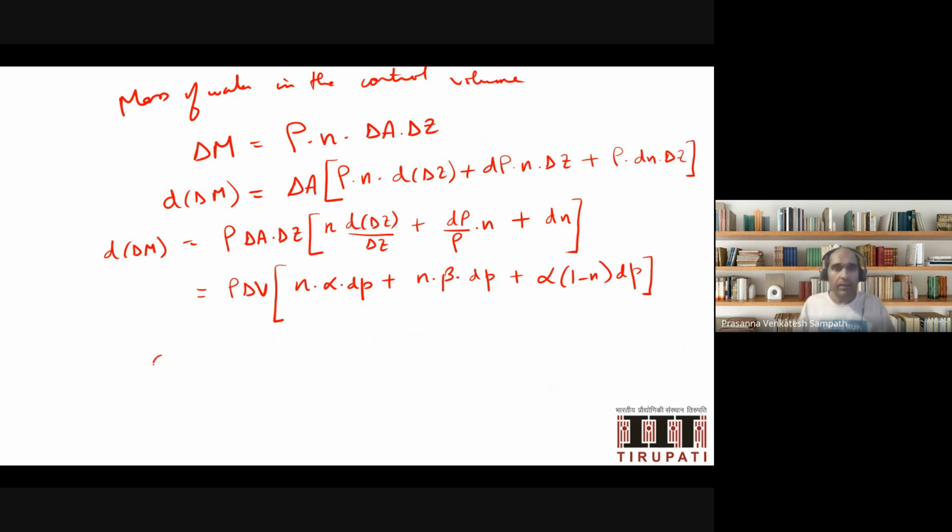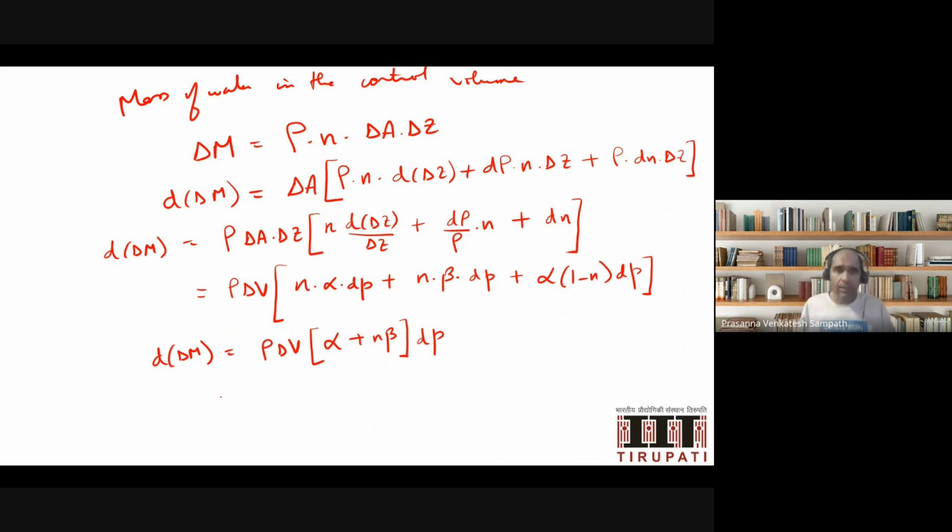So I will get d delta m equal to rho times delta v times, there's an n alpha dp minus n alpha dp, that's gone. I will have alpha plus n beta, whole thing multiplied by dp, right? I hope this is making sense. So d delta m is rho times delta v times alpha plus n beta times dp.